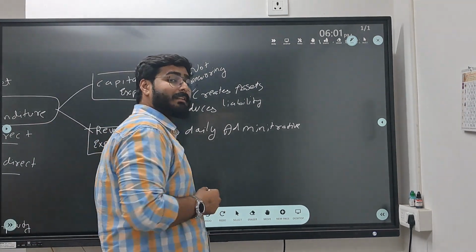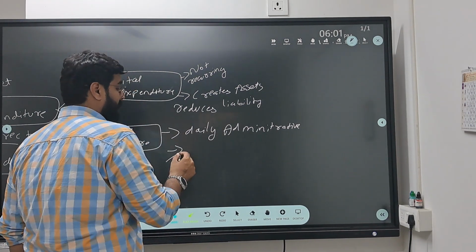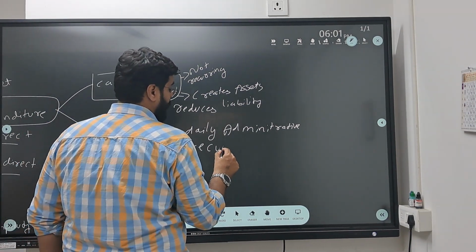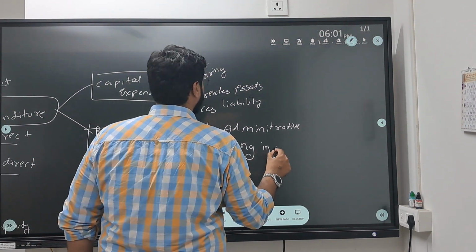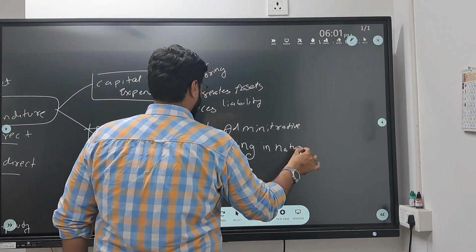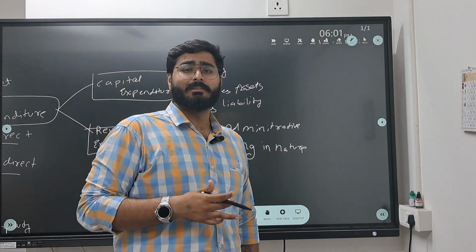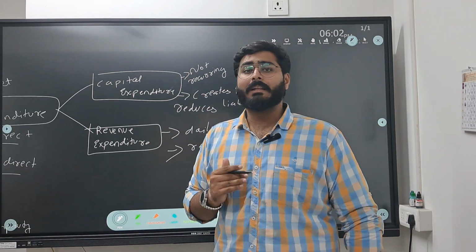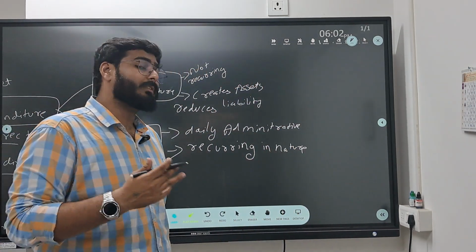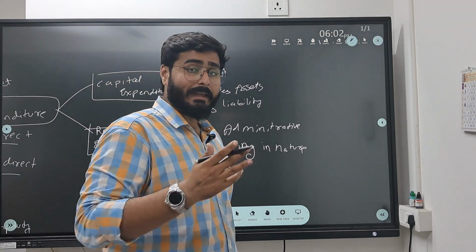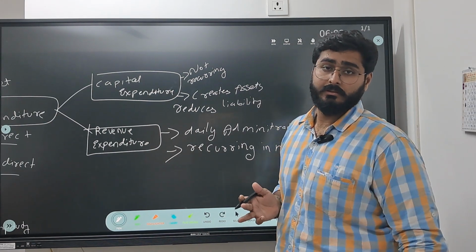It is recurring in nature because government has to spend this money again and again, every year. For example, salaries to the government employees, maintenance of the roads, maintenance of the parks, hospitals and other things. So this expenditure government is going to do again and again. So it is revenue expenditure.